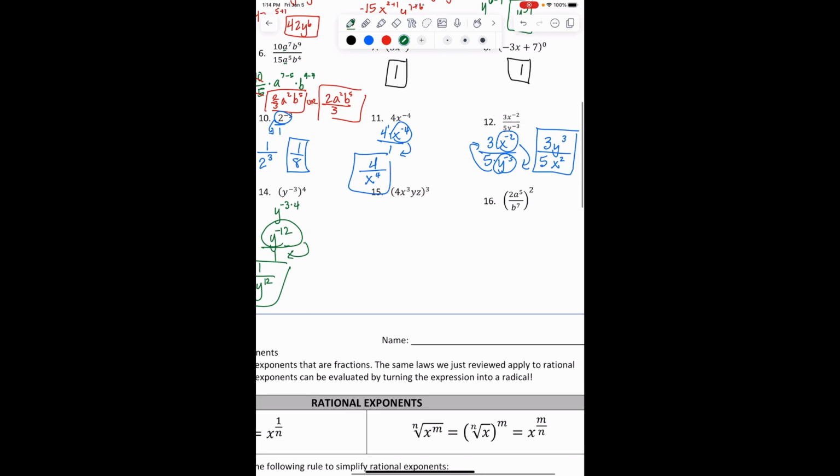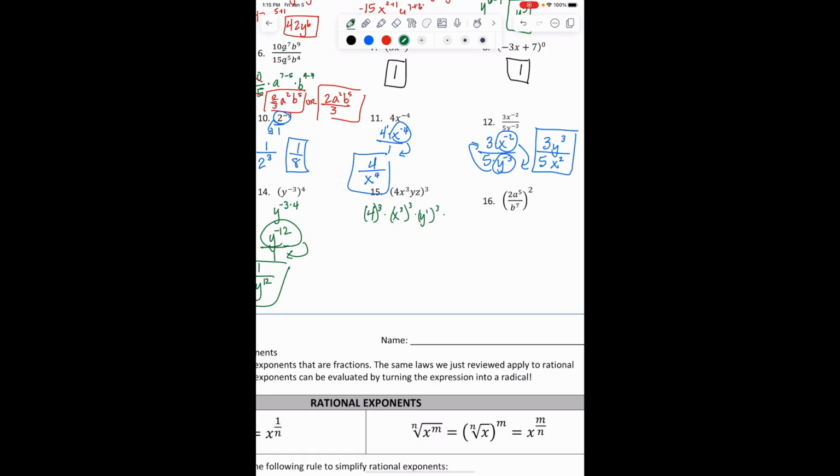And then for 15, we have 4x cubed yz all to the 3rd power. So we have a bunch of stuff in parentheses being cubed. So to simplify that, we take everything in those parentheses and we cube it. So everything in there gets taken to the 3rd power.